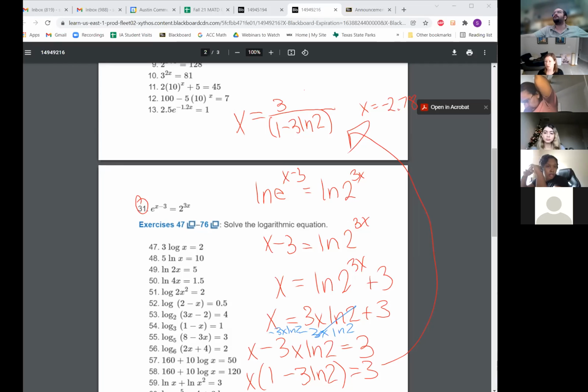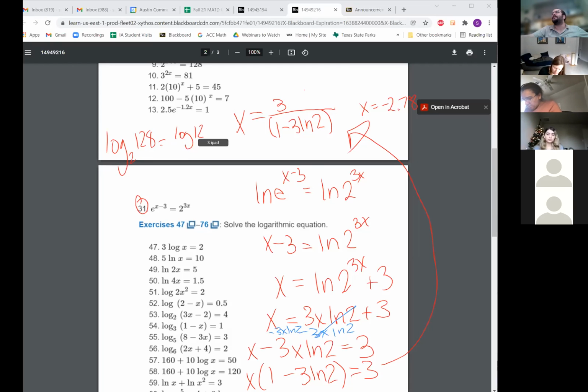I remember you talked to Professor Sievers and me about that when we were working on your calculator. Is it log base 10 divided by log base 2, or is it log base 2 divided by log base 2? I'm trying to remember what the problem was exactly. It was log base 2 of 128, right? Yeah. If you're going to use the change of base formula, you can do log 128 over log 2.